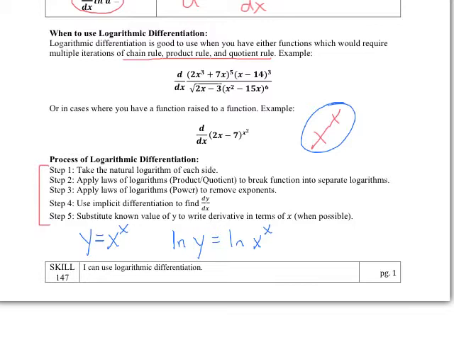We only have one logarithm, so there is no product or quotient to do. But we can use the power rule to remove the exponent. So we can move this exponent down in front. So what we have is the natural log of y is equal to x times ln of x.